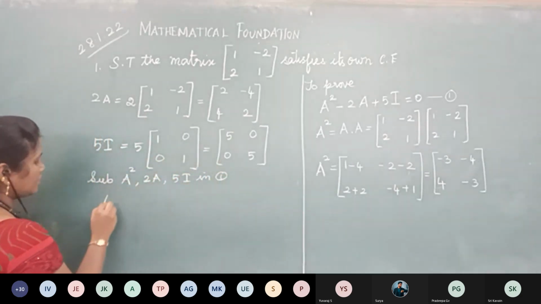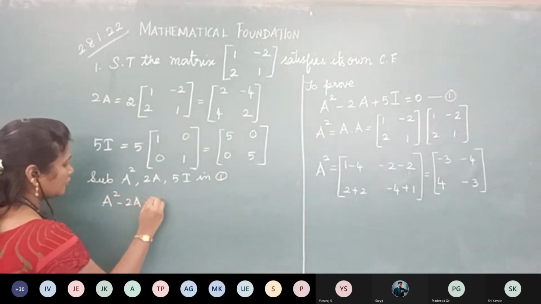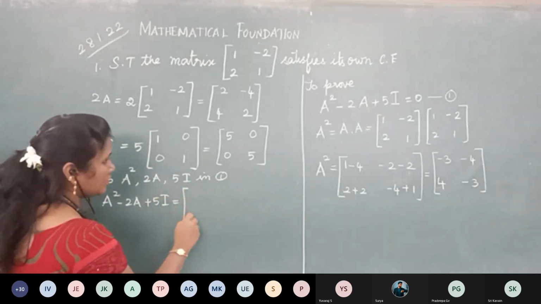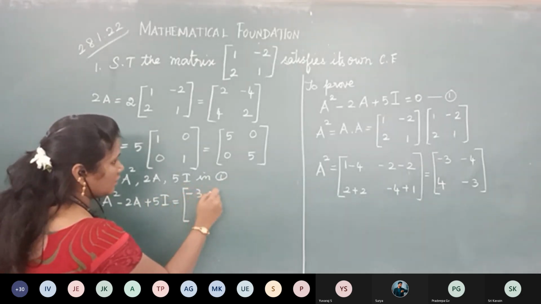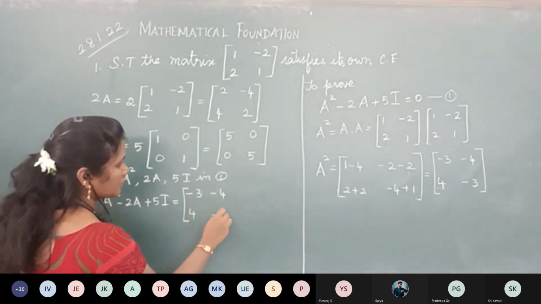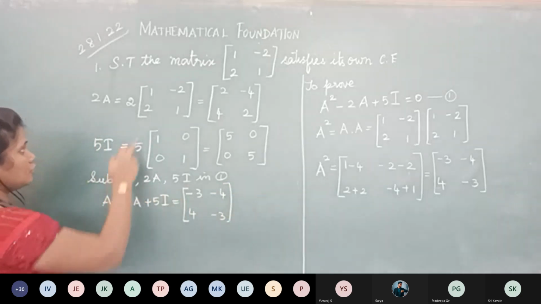In your first equation, A square minus 2A plus 5I is equal to your A square value, which is minus 3, minus 4, 4, and minus 3. And then you've got minus 2A.